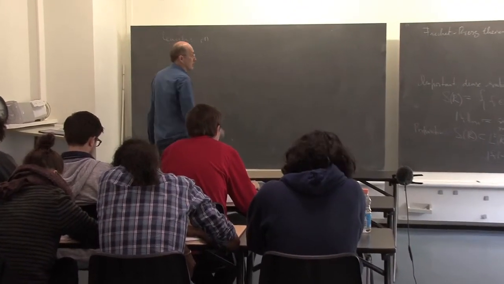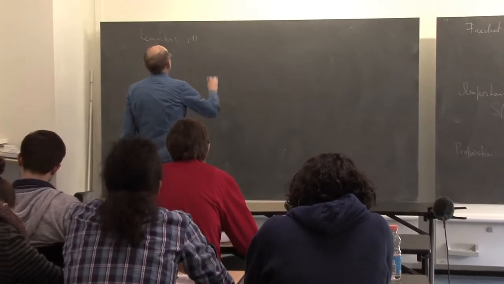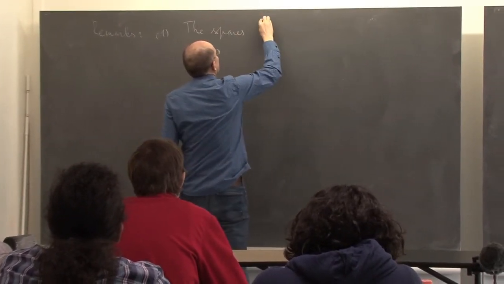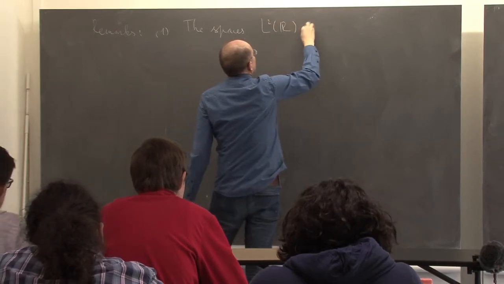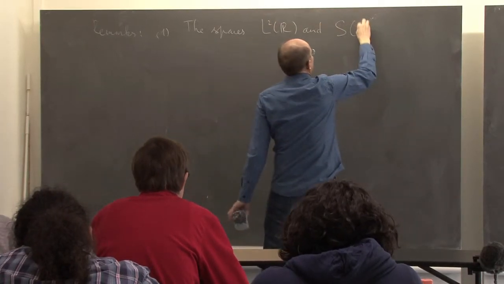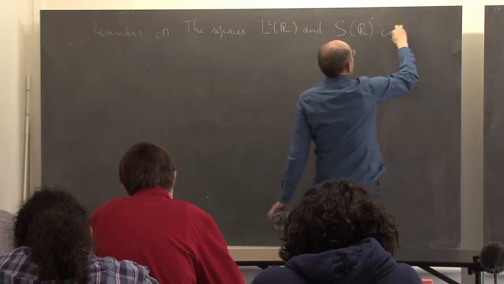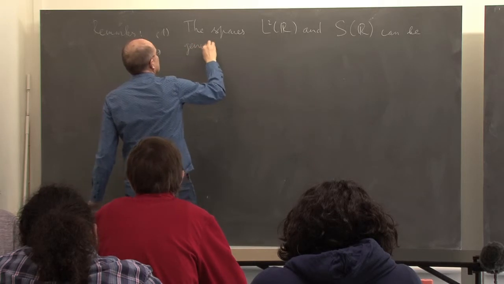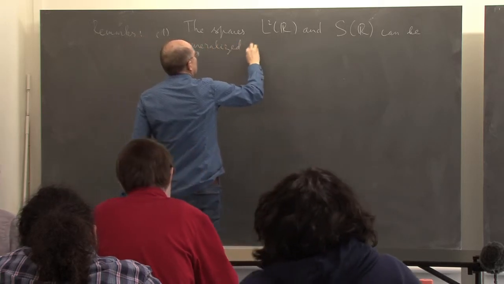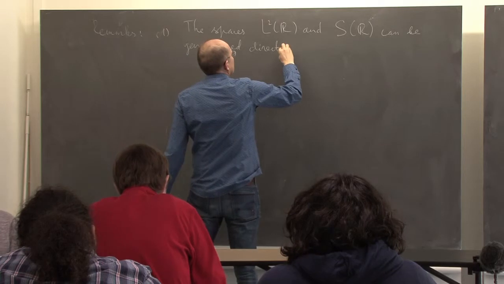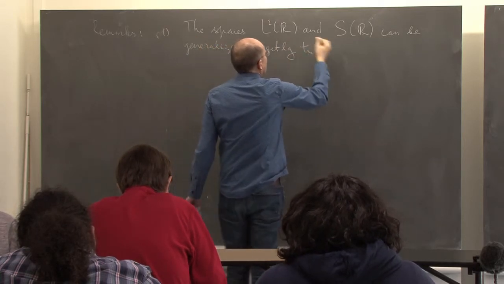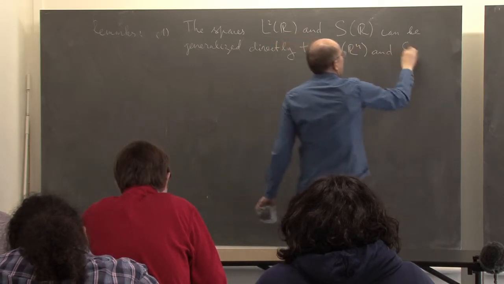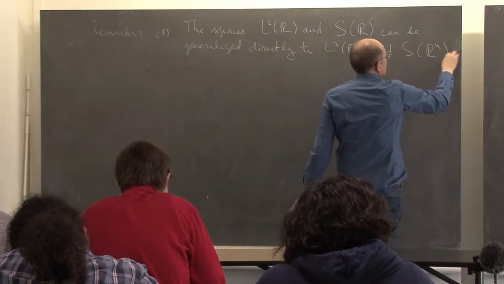generalization to multidimensional setting. So the spaces L2 of R and S of R can be generalized directly to L2 of Rn and S of Rn.